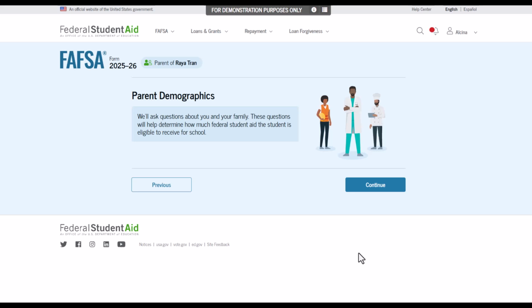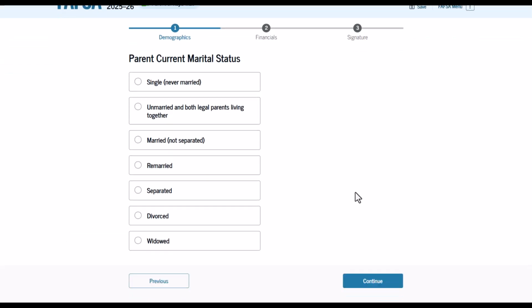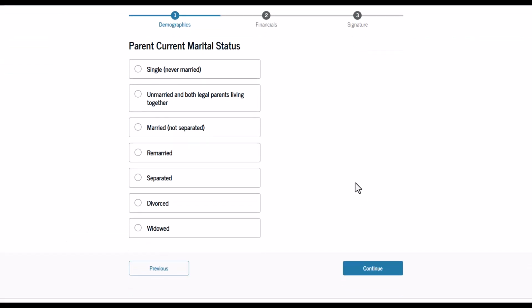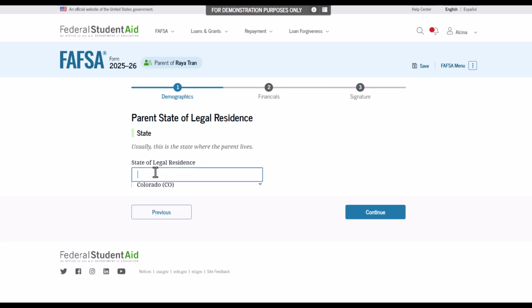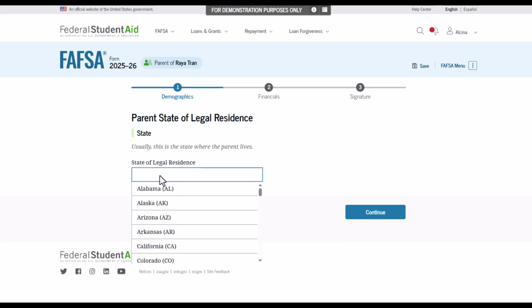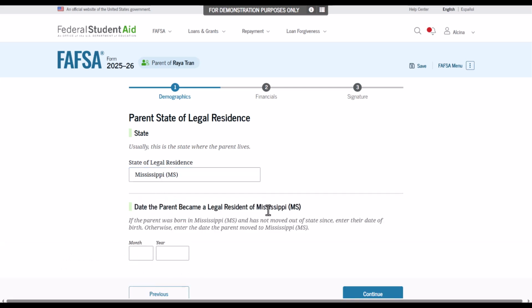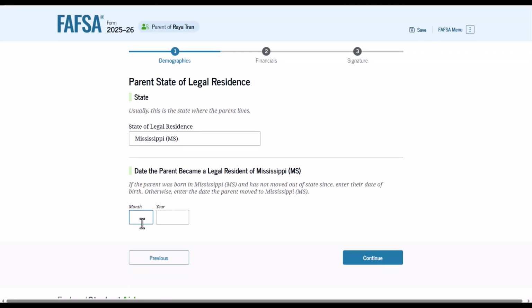From there, we're going to go into the parent demographics section. It's going to ask for your current marital status as the parent, so we're going to select single, never married. It's also asking for your state of legal residence, so we're going to put in Mississippi. It's going to ask the month and year you became a legal resident of that state.